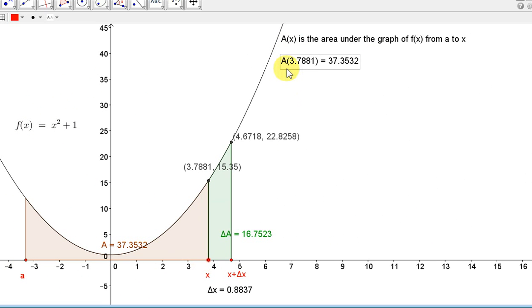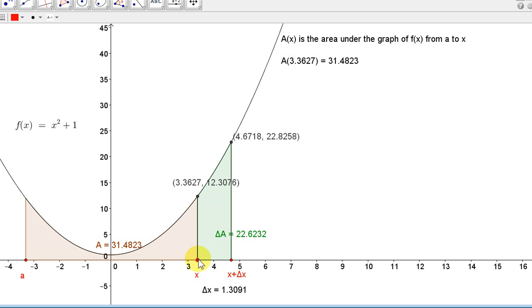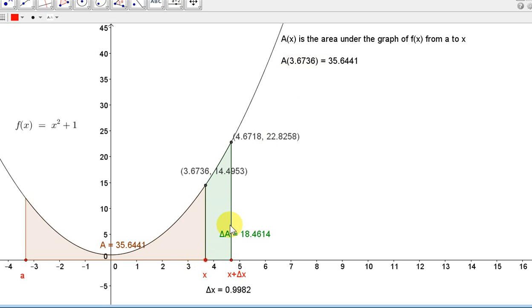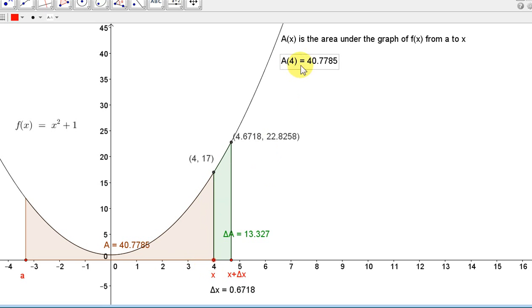So in red here we have A of x. So here x is 3.7881, and obviously as we move x around, the function A of x changes. So for example, if we let x equal 4, the area is 40.7785. Let's suppose that we change x by a small amount delta x.